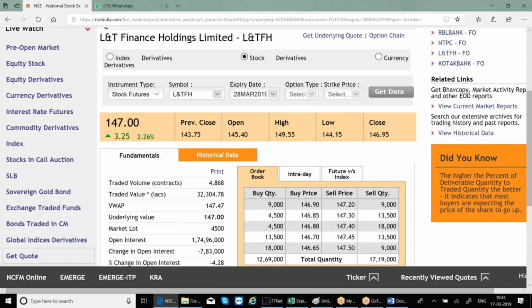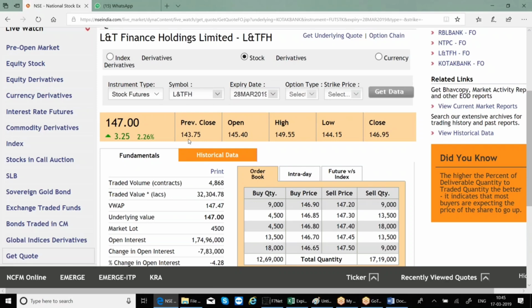Did the low go below the close price? If I get open and low as the same, that is nothing like that. But did it go below the close price? No. Means what? There is a strength. And secondly, I am seeing a short covering.